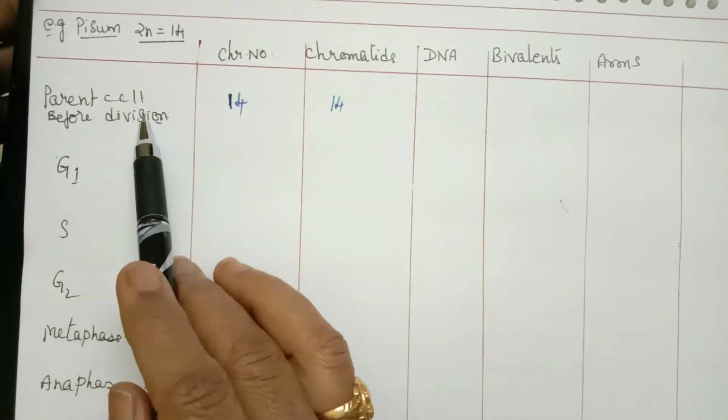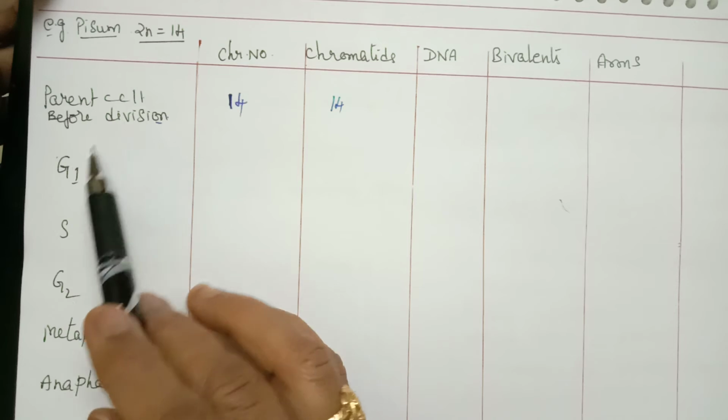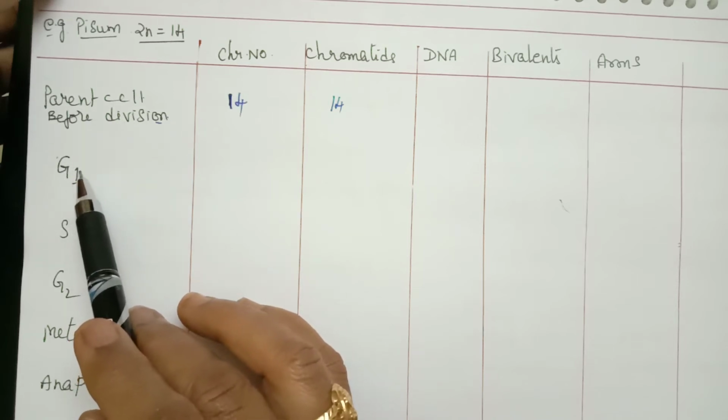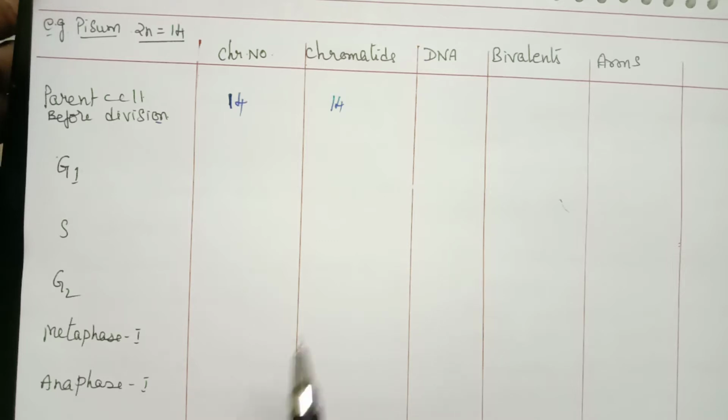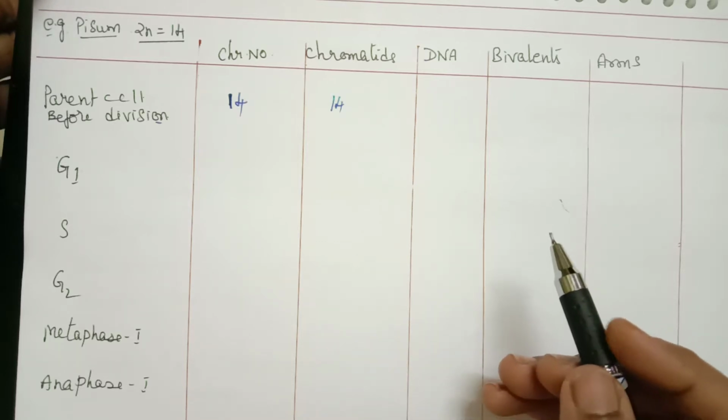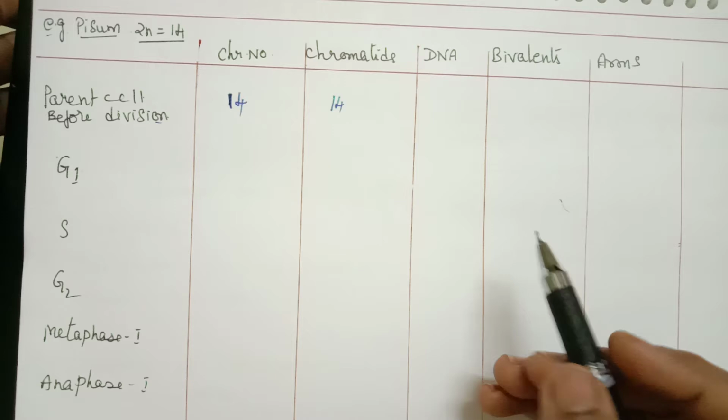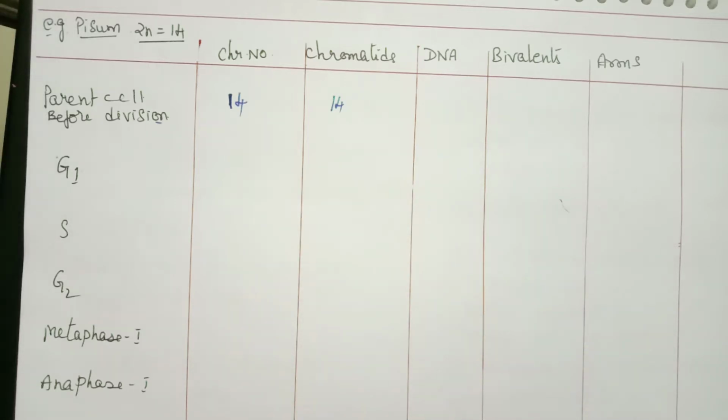Like the first parent cell before division, or when it enters into division like G1, S, G2, and various stages. So I'm going to write each and every stage, what are the chromosomes and other aspects. Try to understand carefully and note down the table properly.